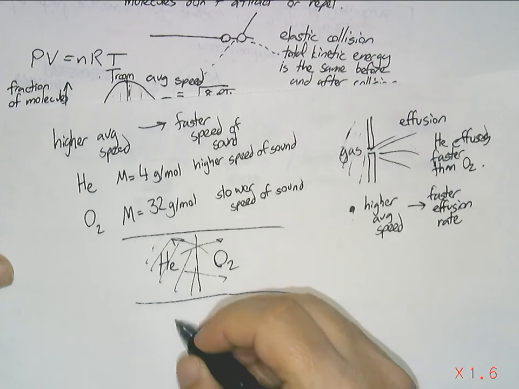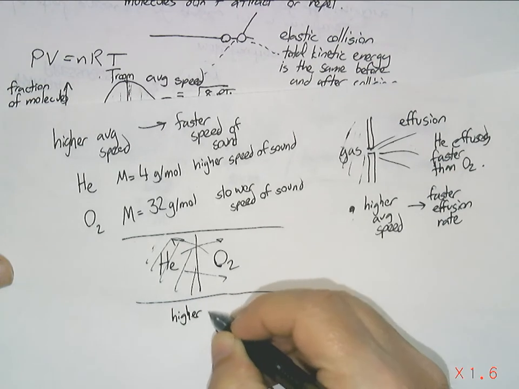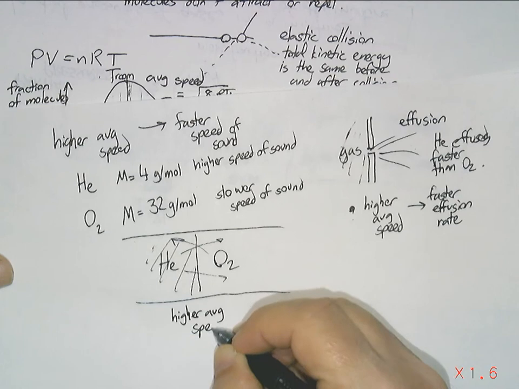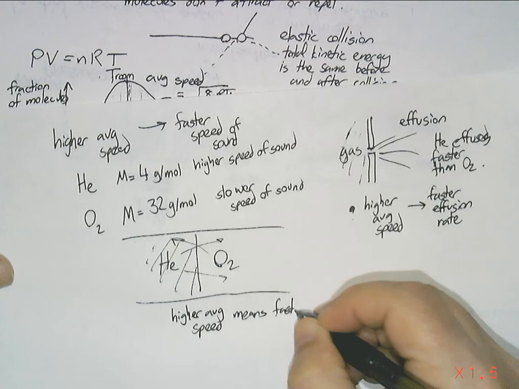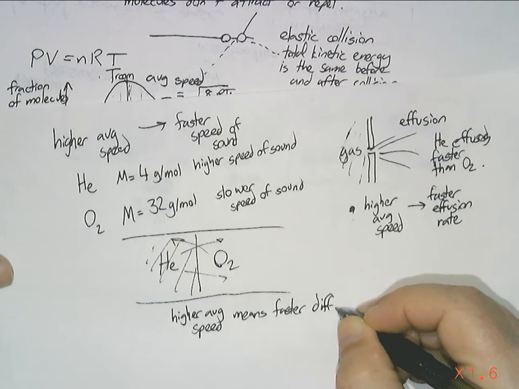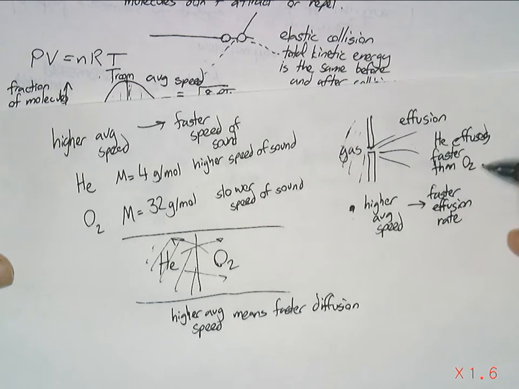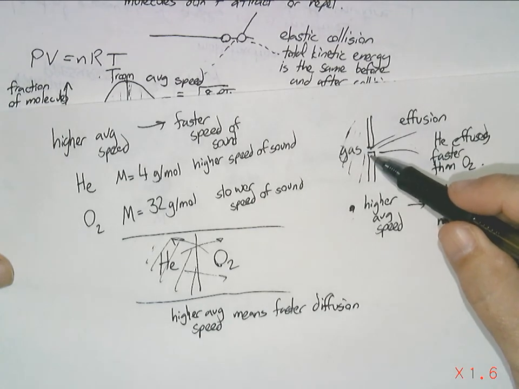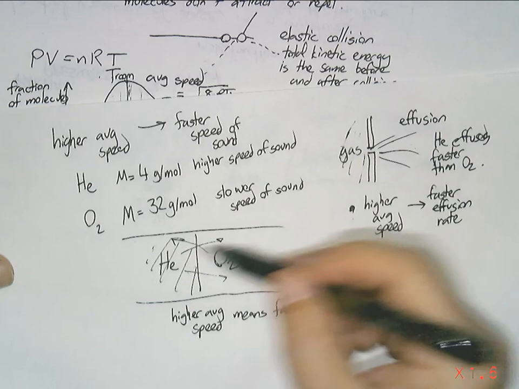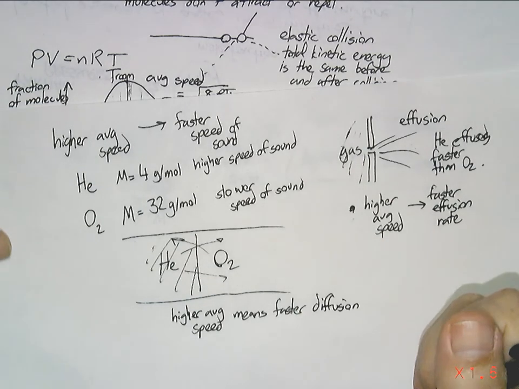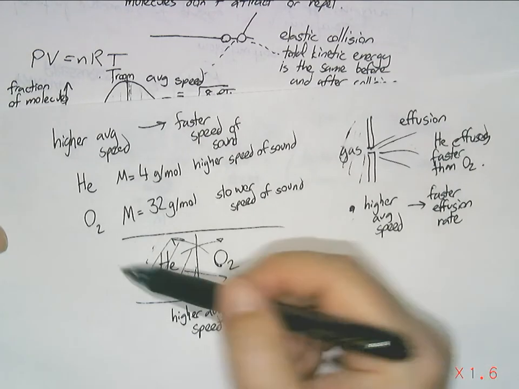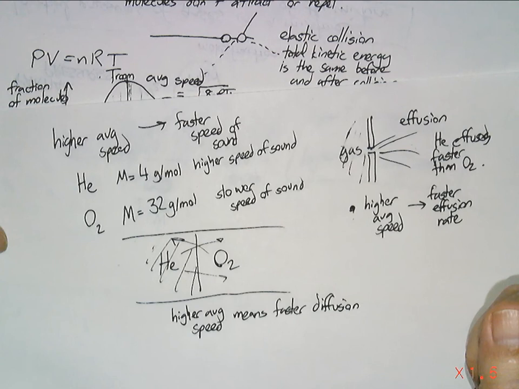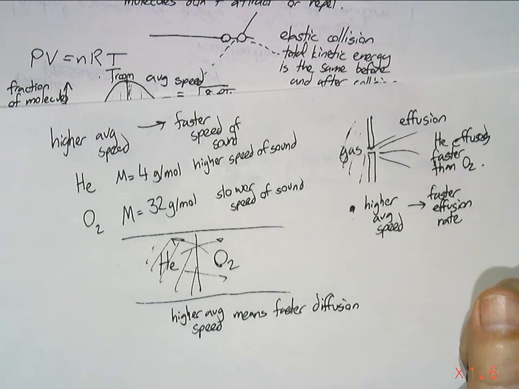Well, the higher average speed means faster diffusion. So effusion is when you're spraying the gas out of a pinhole. Diffusion is when it's moving into an area where it wasn't allowed to be before. So you'll see the helium diffuse over here faster than the oxygen will diffuse over there. So these are some of the things that you can explain with the kinetic molecular theory.